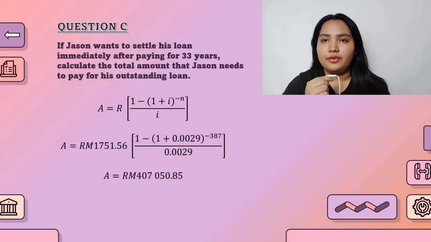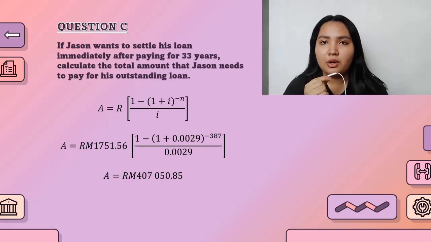Question C. If Jason wants to settle his loan immediately after paying for 33 years, calculate the total amount that Jason needs to pay for his outstanding loan. Use the formula A equal to R multiplied by 1 minus 1 plus I power negative n, divided by I. Since it asks for value A, enter value R, which is 1,751 ringgit and 56 cents, and value I, 0.0029.